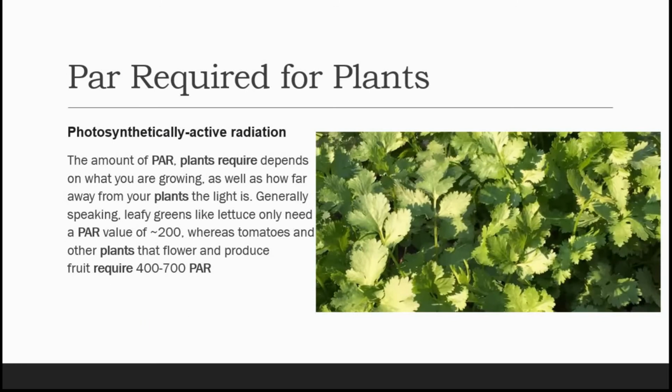So the amount of power plants require depends on what you are growing as well as how far away from your plants the light is.